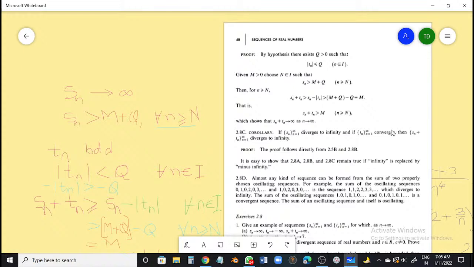Sn and Tn both were diverging to infinity, so sum diverged to infinity. Second case, Sn diverged to infinity but Tn was bounded. And now as its corollary we are handling Sn diverges to infinity but Tn is convergent. So what will happen to the sum? Sum will also diverge to infinity. How?